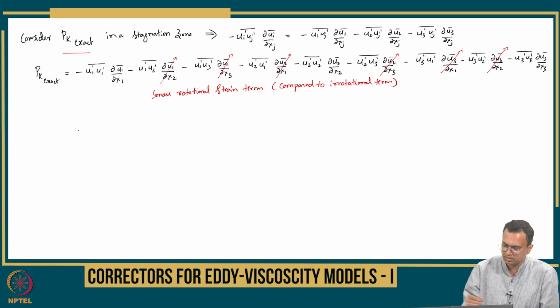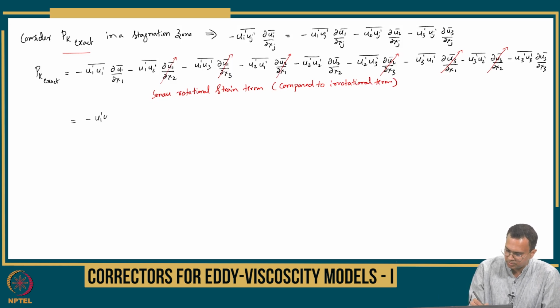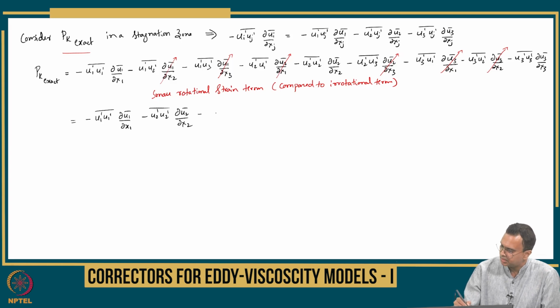So I get only the 3 terms surviving here, which is minus u1 prime average dou u1 bar by dou x1 minus u2 prime average dou u2 bar by dou x2, and then minus u3 prime average dou u3 bar by dou x3.